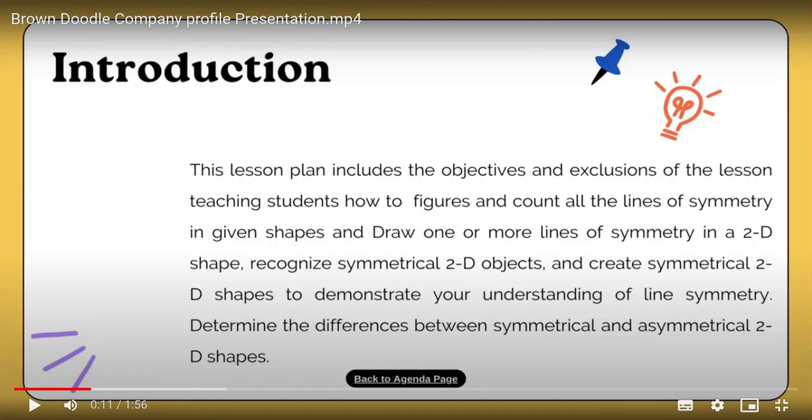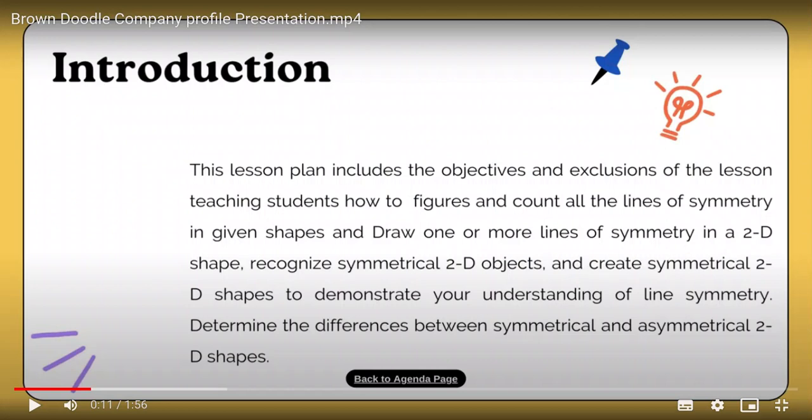Then draw one or more lines of symmetry in a two-dimensional shape, recognize a symmetrical two-dimensional object, create a symmetrical 2D shape to demonstrate understanding of line symmetry, and determine the differences between symmetrical and asymmetrical 2D shapes.